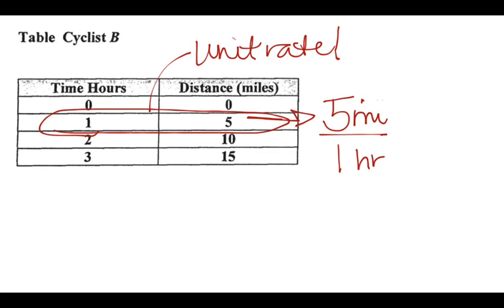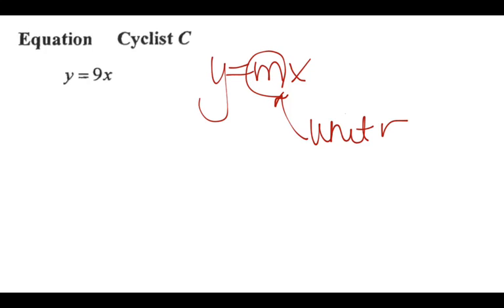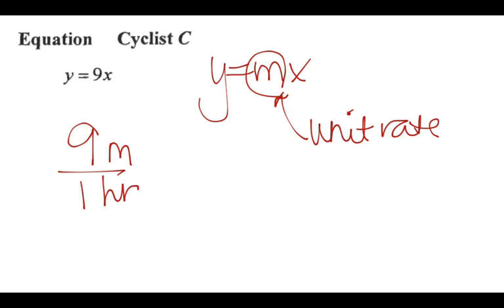Okay, so cyclist B is 5 miles, 1 hour. Cyclist C. Now when we have y equals mx, m represents my unit rate. So cyclist C is 9 miles in 1 hour.